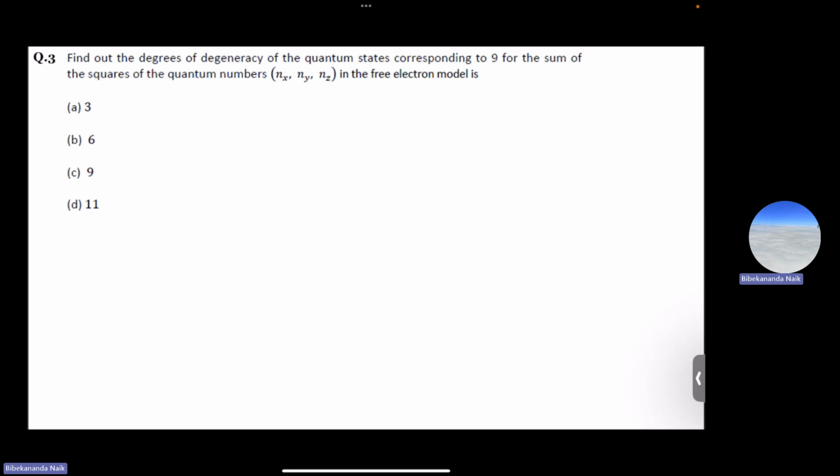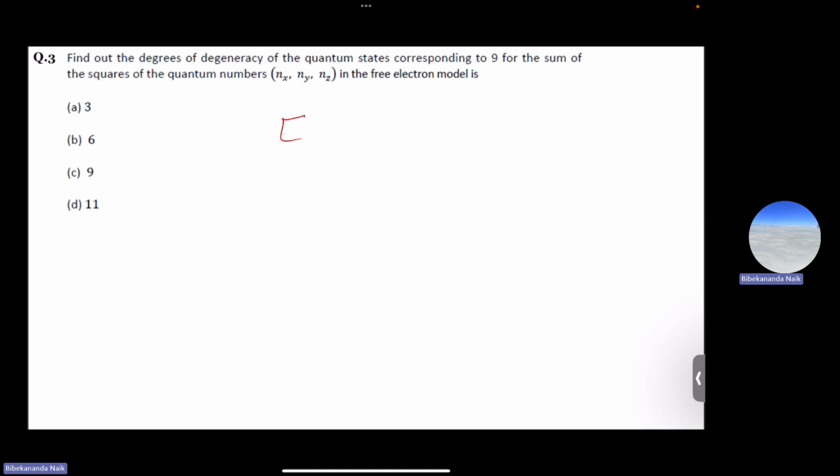So this question is based on the free electron model, and according to the free electron model, the electrons in a solid are considered to be confined in a three-dimensional infinite potential box. And if we calculate the energies, then the energy for each level depends upon the sum of the squares of quantum numbers nx, ny, and nz.